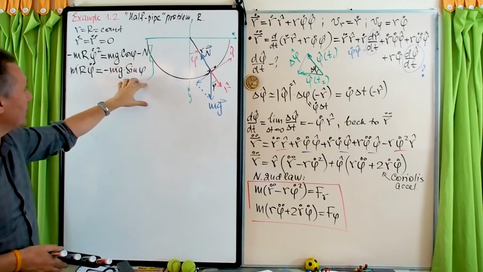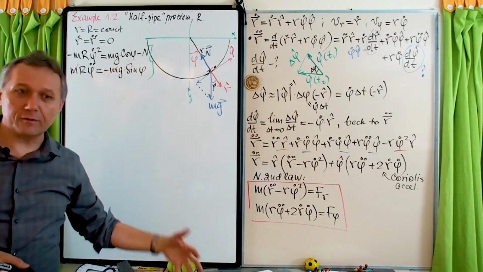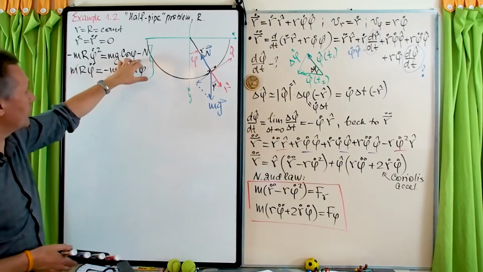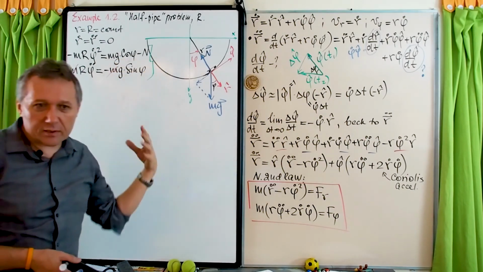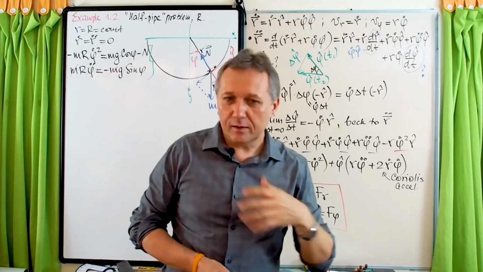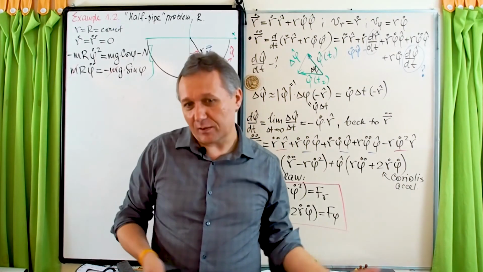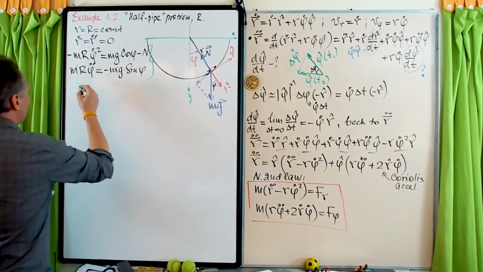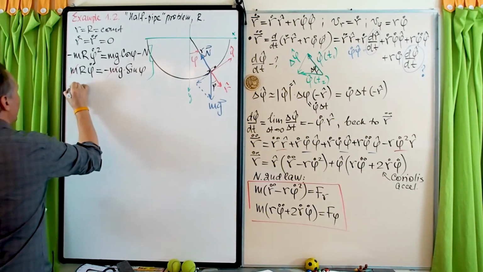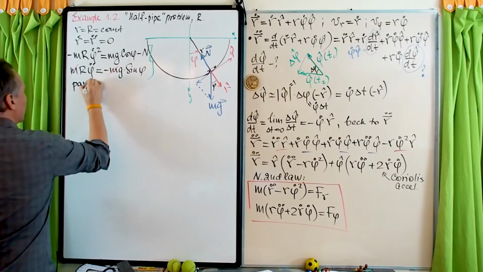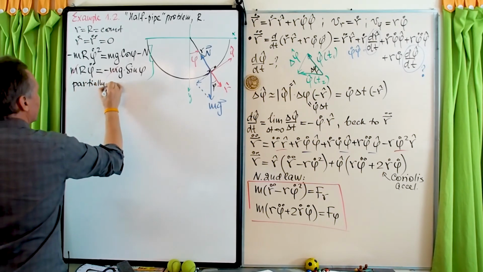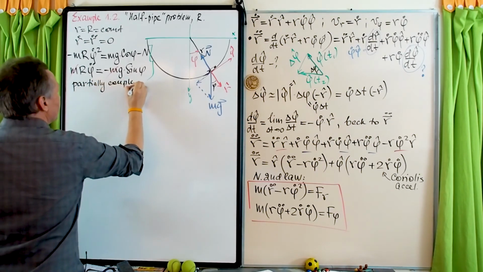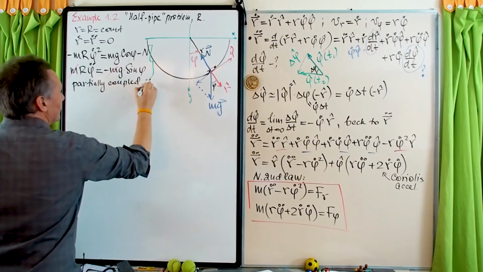The second equation you should be able to solve, find phi, and then plug it in the first equation to find N. But since the question is not about finding N, forget about the first equation. But you understand the idea. So they are partially coupled, which is good.